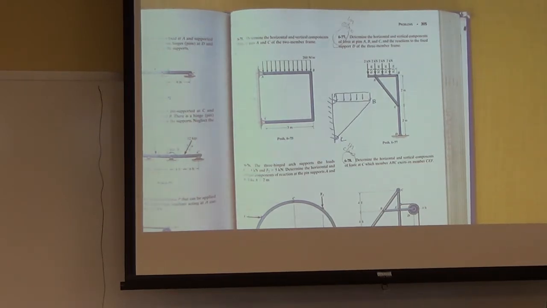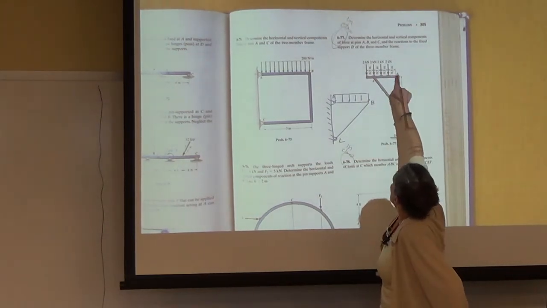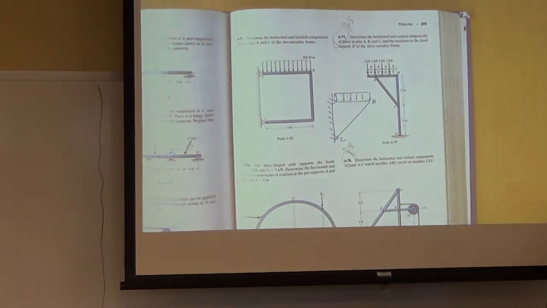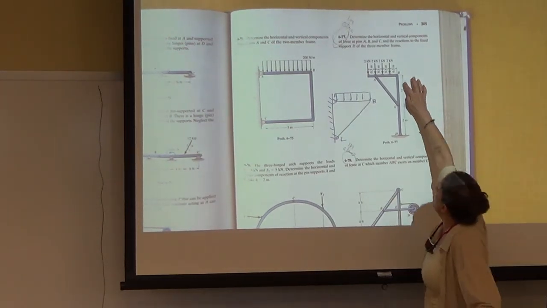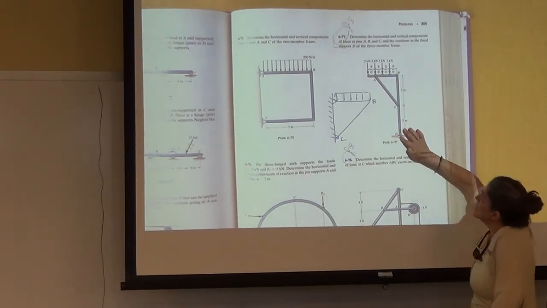We would do a free body diagram of either the end point, B here, or a free body diagram of BCD. Either one.